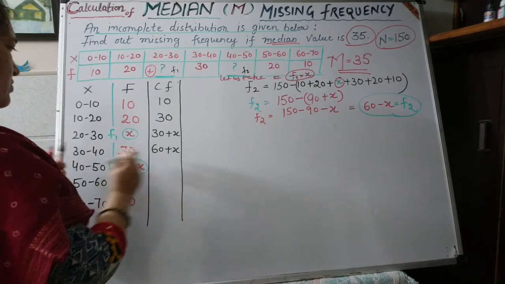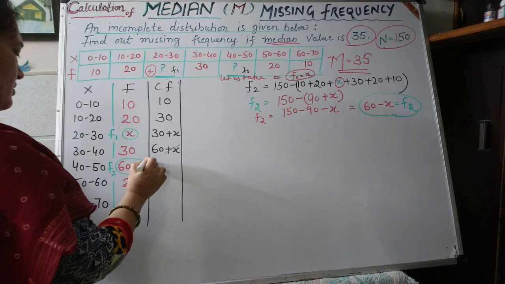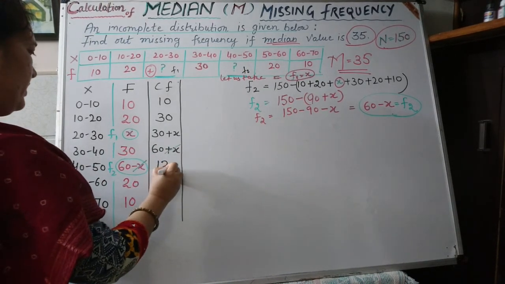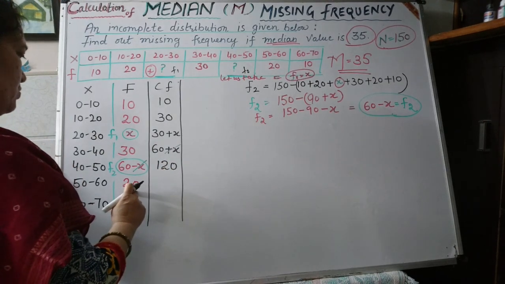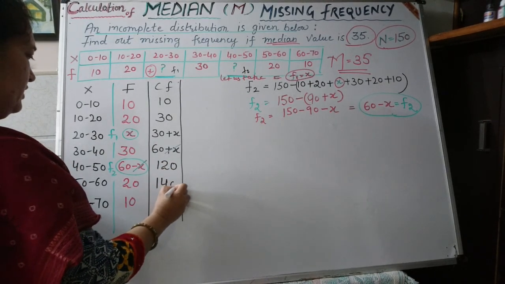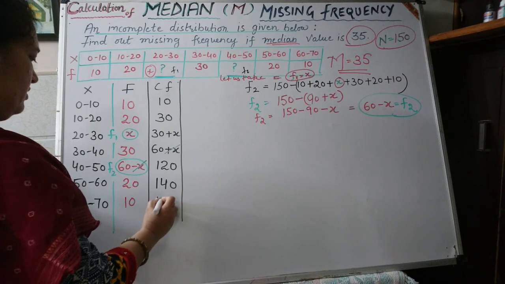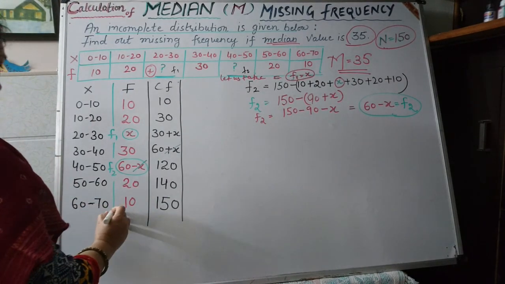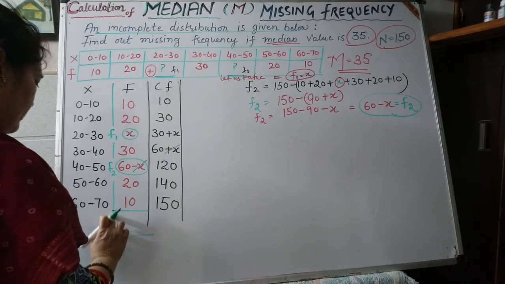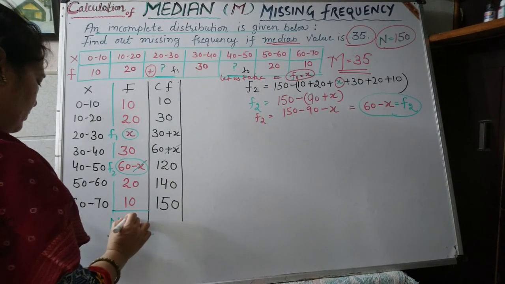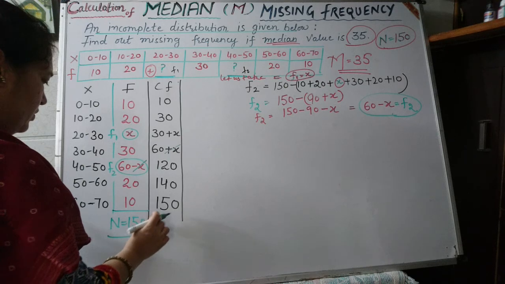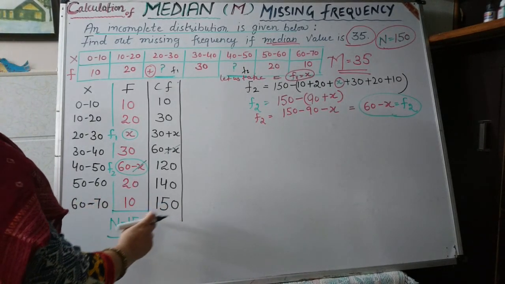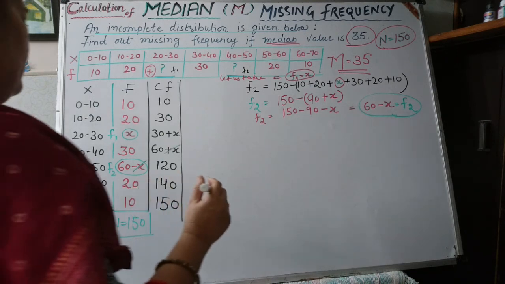So the minus x and plus x will be cancelled and the value will be 120. Then 120 plus 20, 140, and 140 plus 10, the last one is 150. And this was also given that N is equal to 150, and we have also derived that the calculation is also 150.